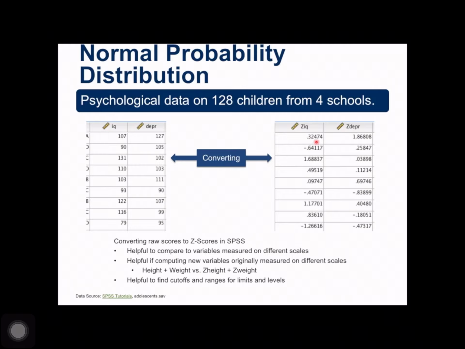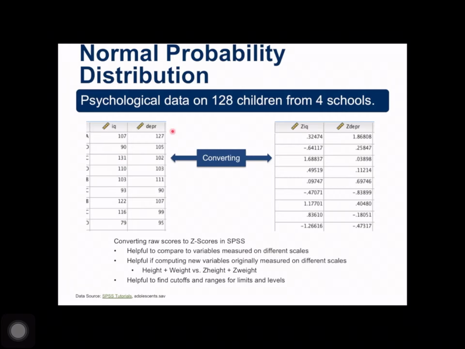So I can tell this person's IQ is just slightly above average. You can see that 0.32 standard deviations above, and this person is just slightly below at 90. This person's quite high at 131, z-score of 1.6. So they're a full 1.6 standard deviations above average intelligence, which is quite high.